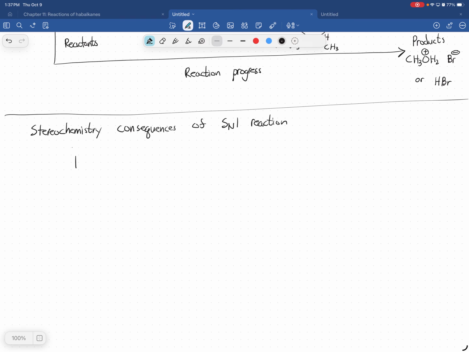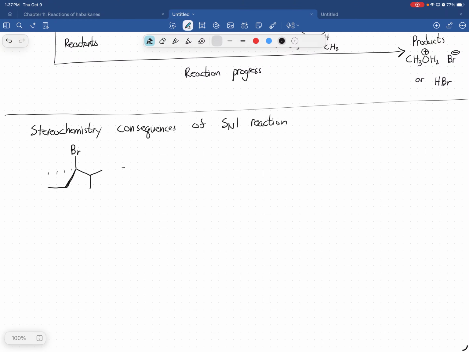So let's think about this situation. You have Br, and now we have this carbon with four different substituents, right?